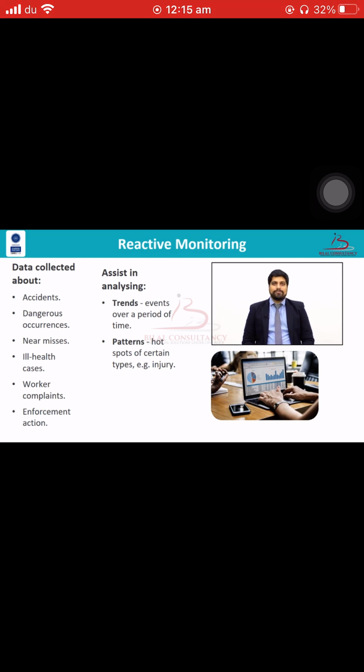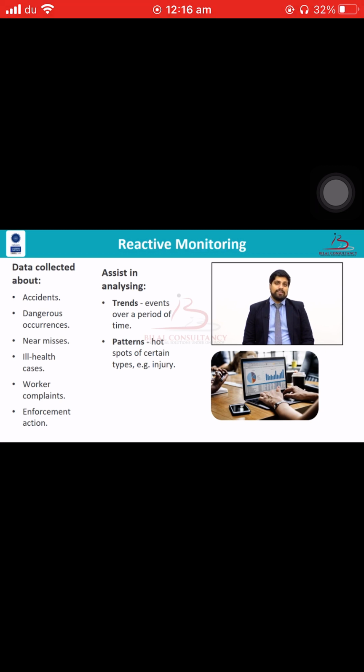What are trends? Trends are a set of a specific number of events over a specific period of time. And what are patterns? For understanding patterns, I'm going to give you an example of workplace injury data. For example, in the last year, 50 workplace incidents occurred at XYZ organization, and those 50 incidents resulted in different types of injuries.